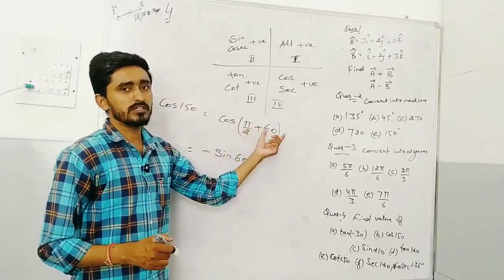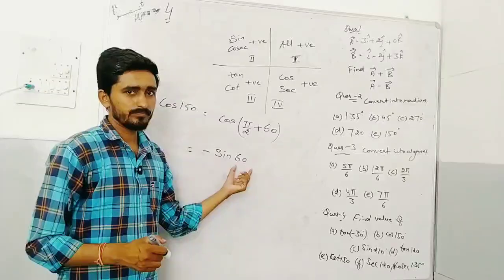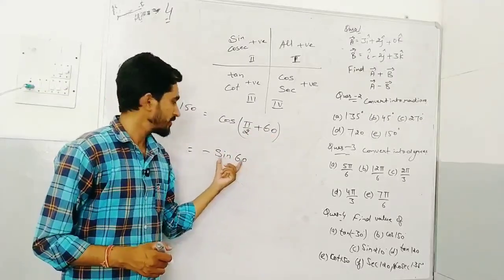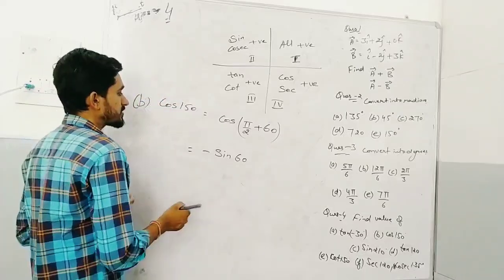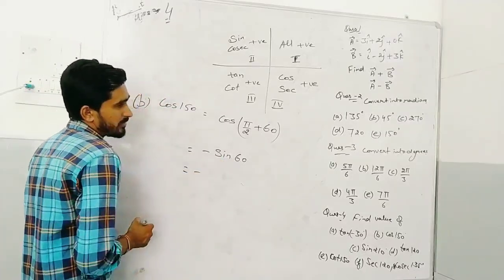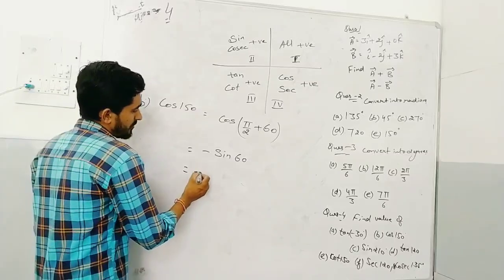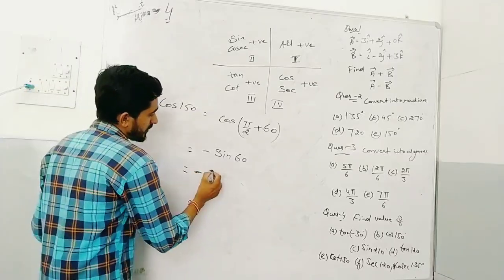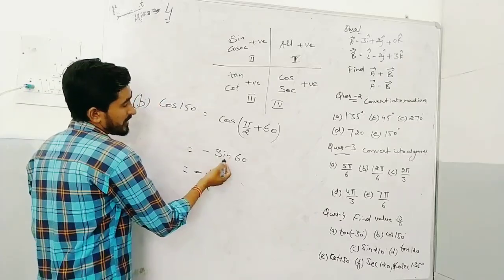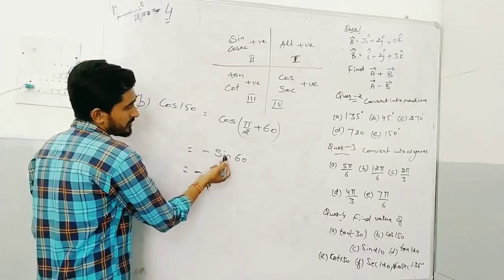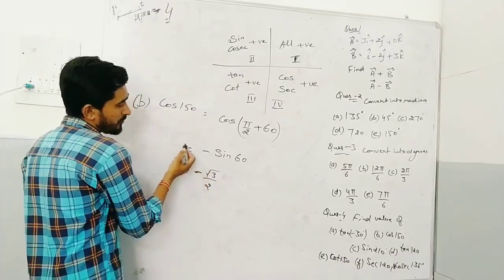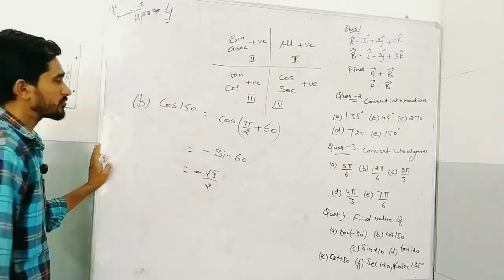Cos of pi by 2 plus theta is minus sin theta. And what is sin 60? Sin 60 is plus root 3 by 2, and here it is minus, so the final answer will be minus root 3 by 2.